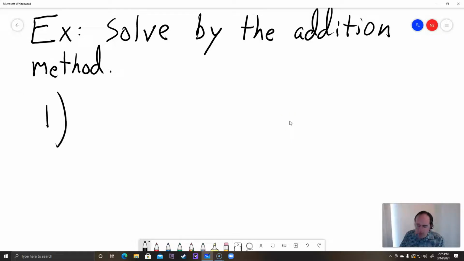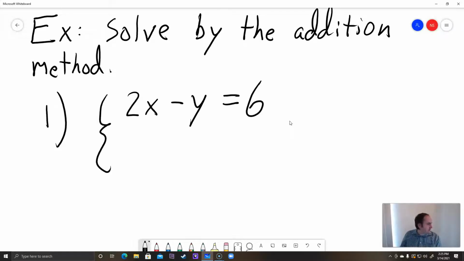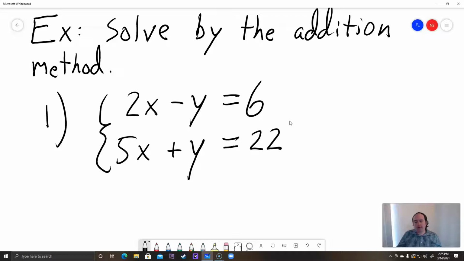Okay, so example number 1, we want to solve the system. Our first equation is 2x minus y equals 6. And our second equation is 5x plus y equals 22. As we work through this example, I'm going to write the steps.